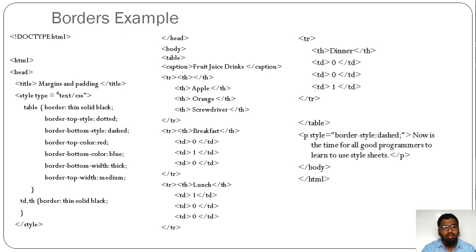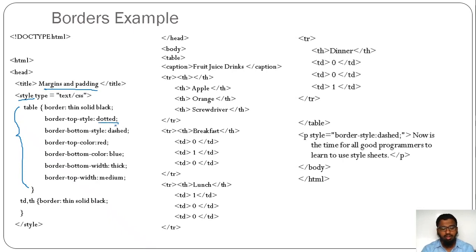In the HTML, we are focusing more on margin and padding. Here we have given the table properties, written in the style tag: border thin solid black. This is the normal code, but here border top style is dotted.